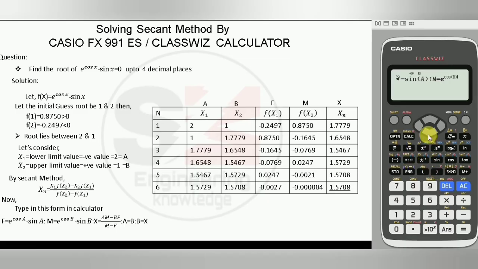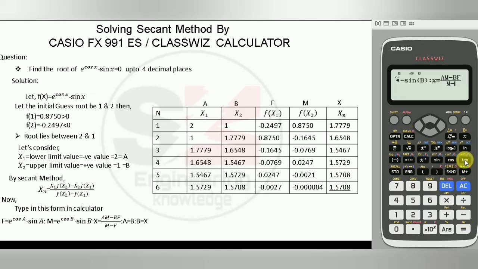then b, then this button, then minus sin b, then again alpha, then this colon to separate the equation, then x is equal to this fraction symbol, then alpha a alpha m minus b alpha f, then again in the denominator m minus alpha f.